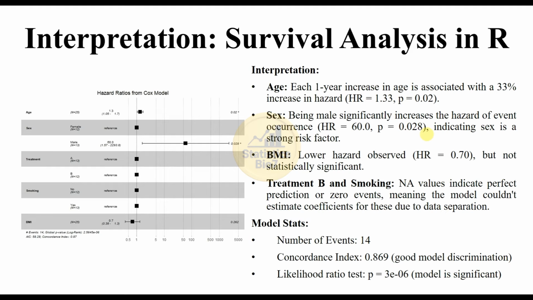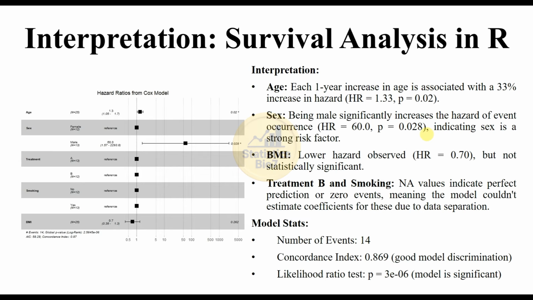For BMI, a lower hazard is observed with an HR of 0.70, but it is not statistically significant. For treatment B and smoking, no values indicate perfect prediction or zero events, meaning the model could not estimate coefficients for those due to data separation.